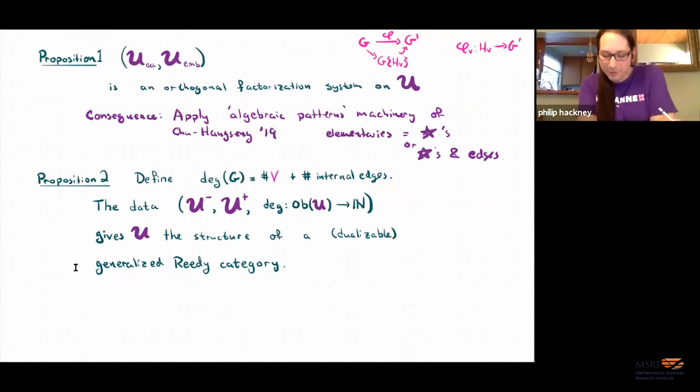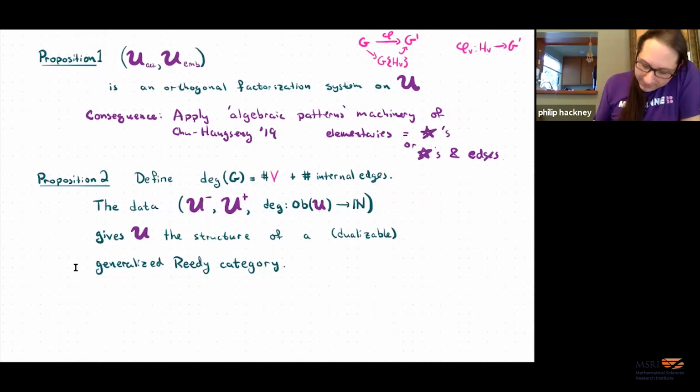The second proposition is that there's a generalized Reedy category structure on this category U, where the degree function for a graph is given by the number of vertices plus the number of internal edges.